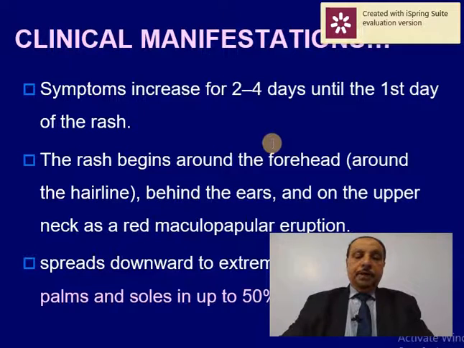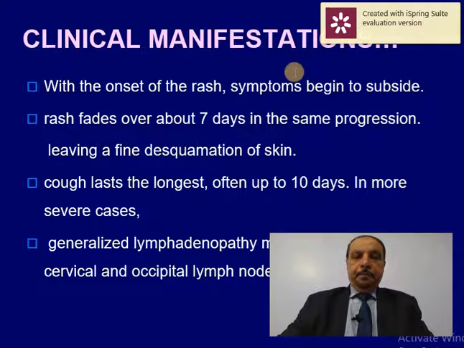This is important. If you find the rash in the palms and soles, this is one of the differential diagnoses of palms and soles rash. Among them are hand, foot, and mouth disease and the rickettsial diseases.